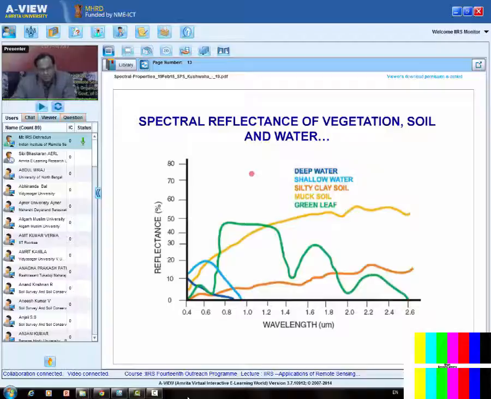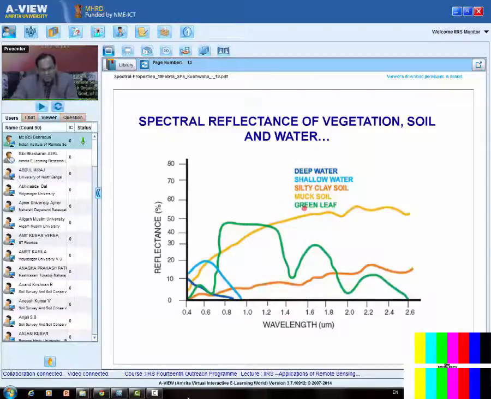Here you can see some more features like deep water and shallow water. As you must be knowing, even deep water, if it is mixed with silt or sediment, appears shallow, and sometimes it's a dilemma for hydrologists to make out the total quantity of water simply from the reflectance value alone.